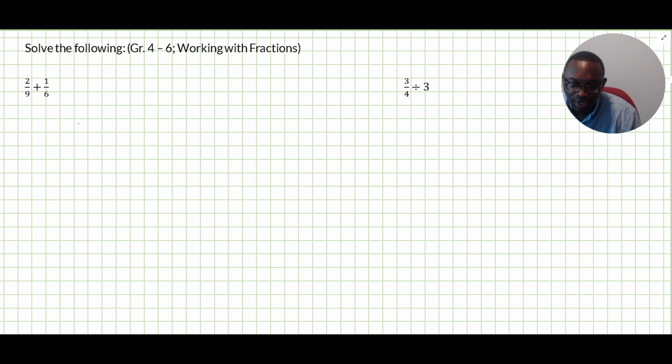Okay, I'm not seeing any responses. Whatever your answer is, you need to simplify it to the lowest terms. Every time you're working with fractions, simplify them as much as you can.